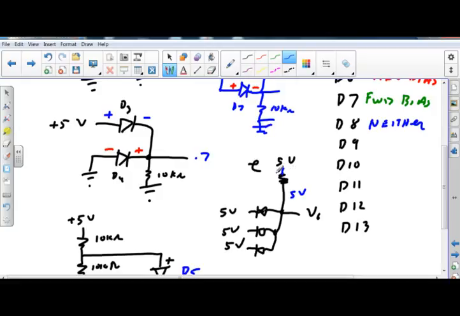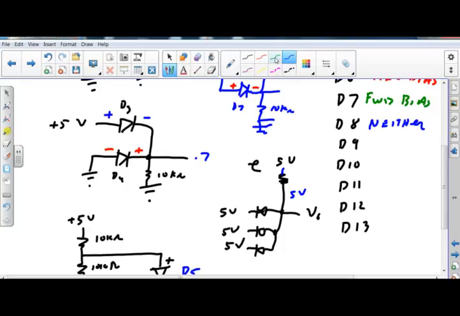So, right, in order to have a voltage drop, I have to have current flowing. In order to have current flowing, I have to have a path for it to flow. There's no path. You see that I have 5 volts here, I have 5 volts there, I got 5 volts here, there's no current flowing.